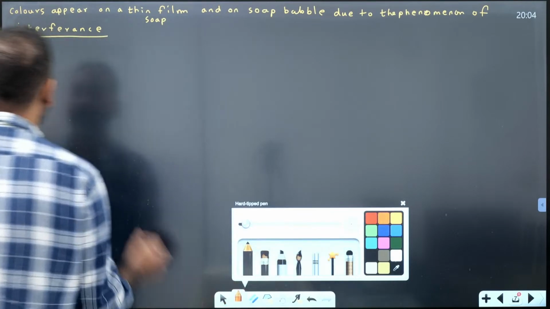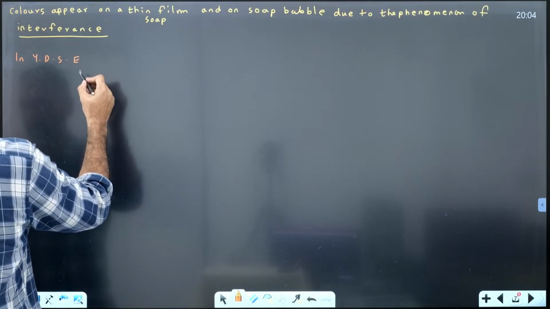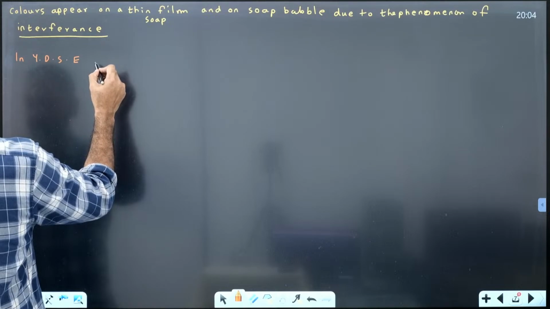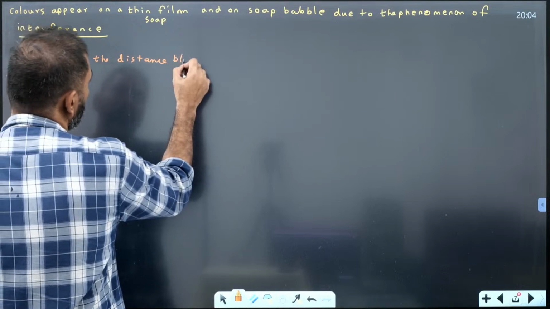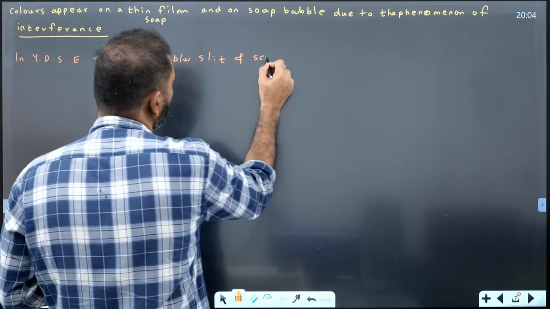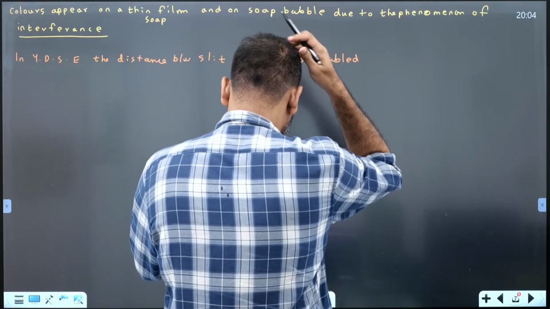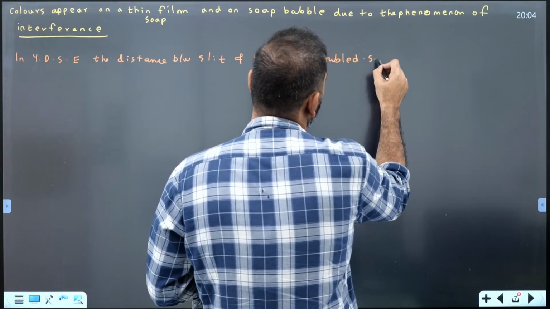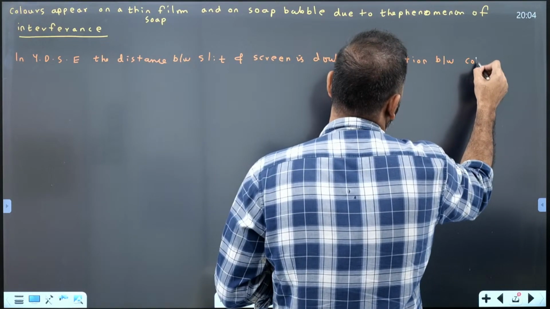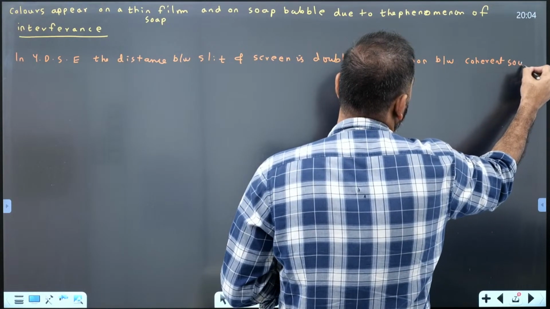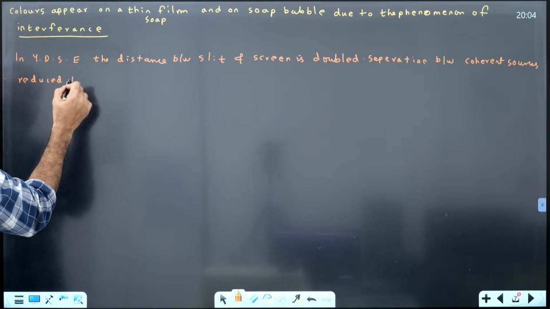Next, in YDSE, the distance between slit and screen is doubled, and the separation between coherent sources is reduced to 1/8.